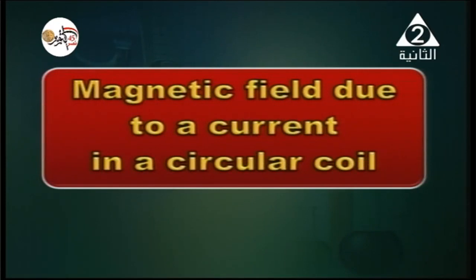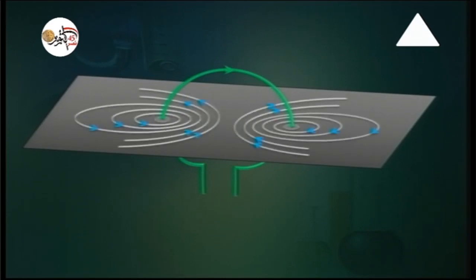And now talking about magnetic field due to a current in a circular coil. Due to a current carrying circular coil. Okay, shown in front of you now, circular coil. The current flows in a clockwise direction. Observe the fields. It is uniform at the center of the circular coil.